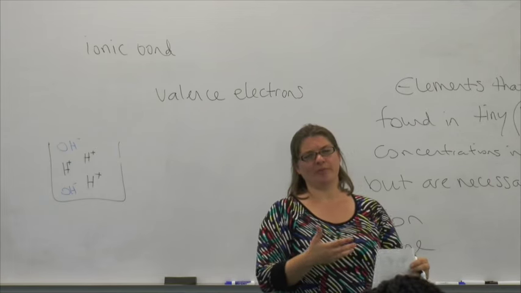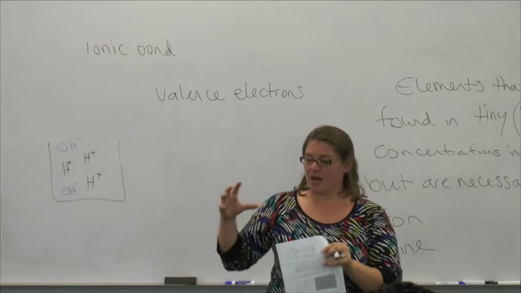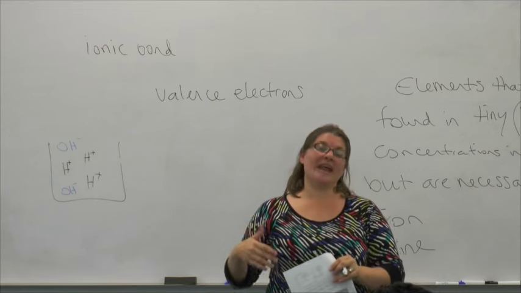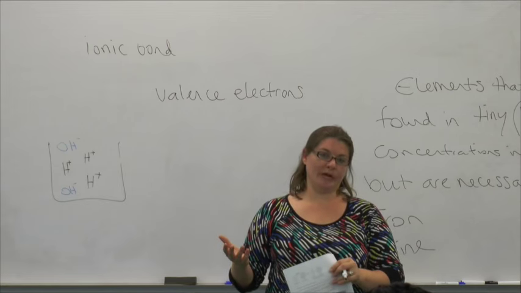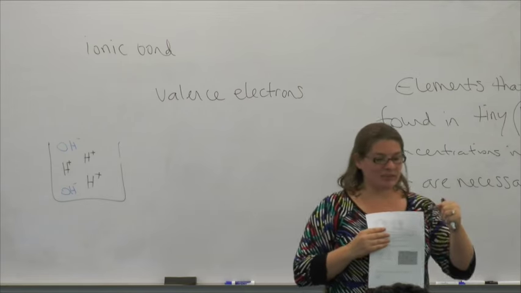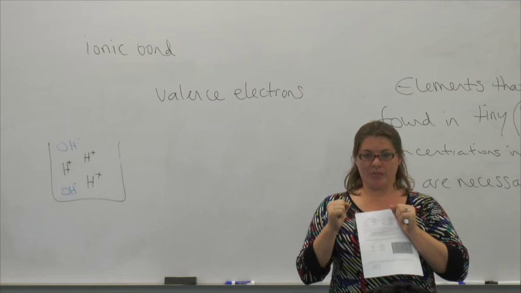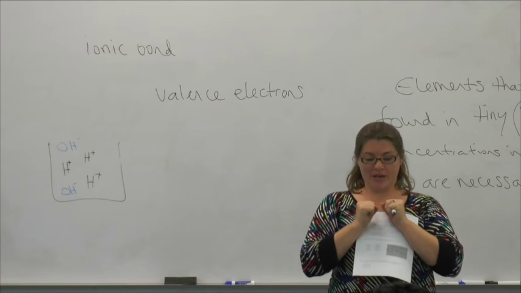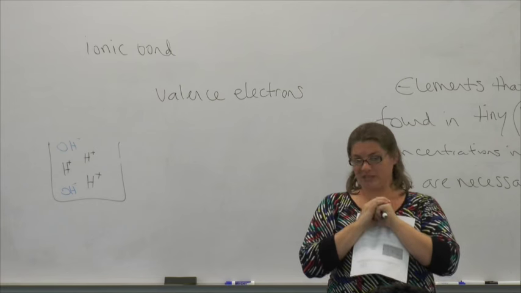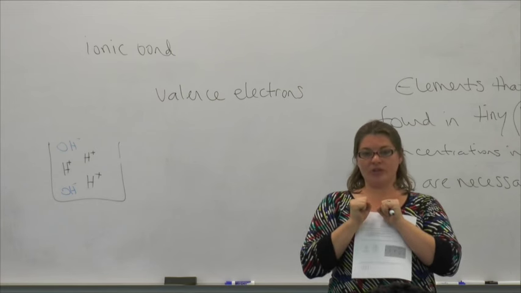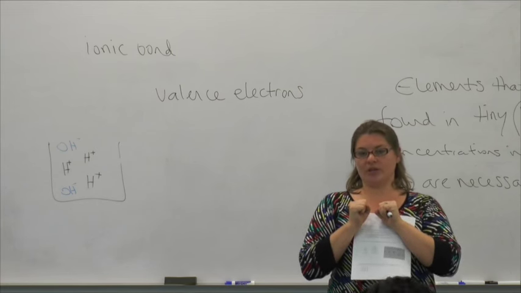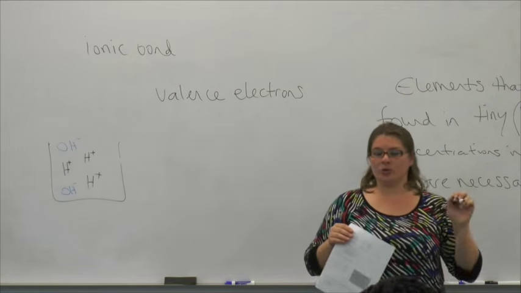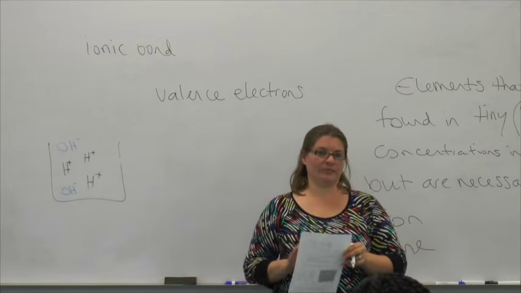And then the atom that takes on the extra electron becomes more negative, and that's called an anion. So you have one positively charged atom and one negatively charged atom. Those are like oppositely charged magnets, right? So they kind of are held together. They don't actually physically attach, but they are held together via those opposing charges. And that's an ionic bond, forming when an atom either loses or gains an electron.